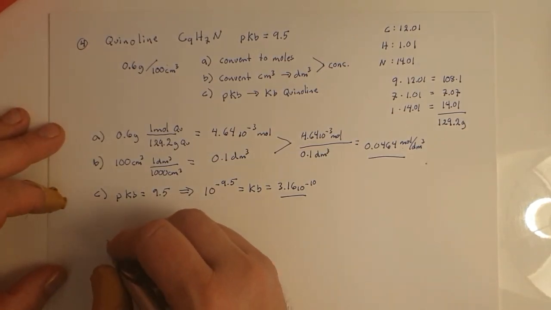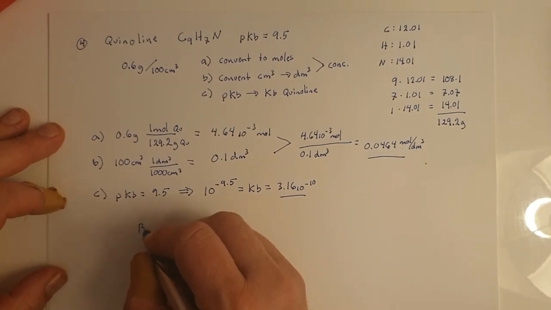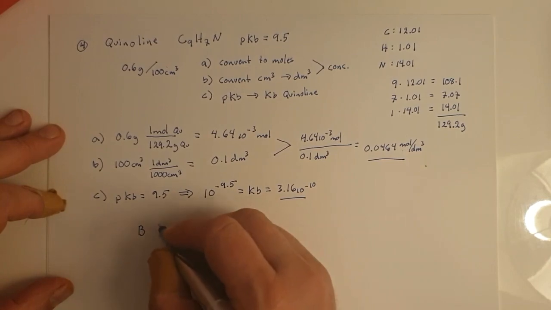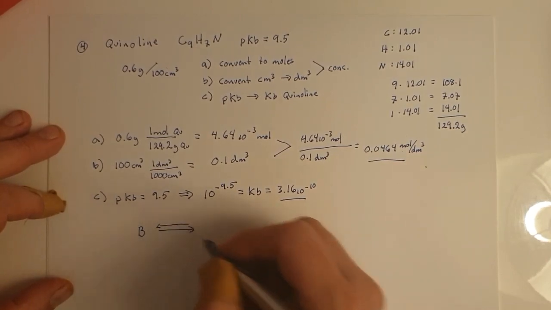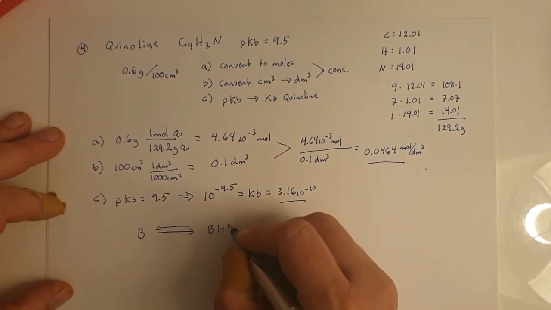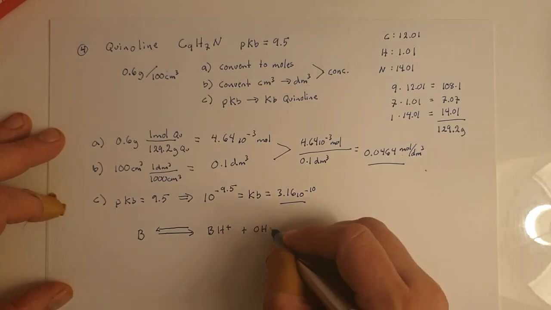using the ICE box. So let's think about what bases do. A base dissociates or reacts with water to form BH plus and OH minus.